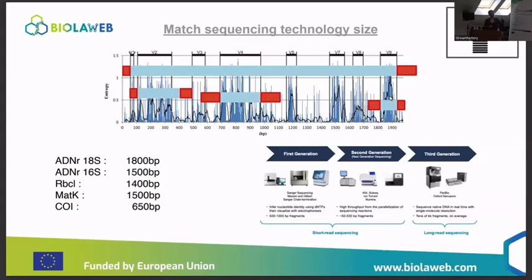Also, for some metabarcoding studies, if you are interested in ancient DNA, your DNA will be highly degraded, so you will only have short sequences. Again, you can have some drawbacks from this sequencing technology side.